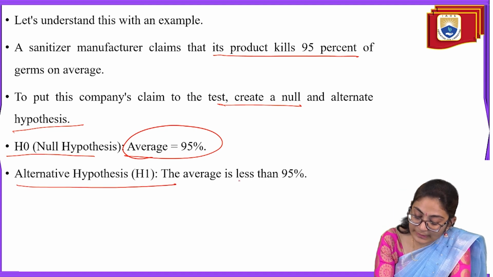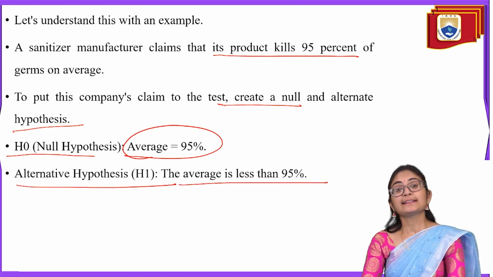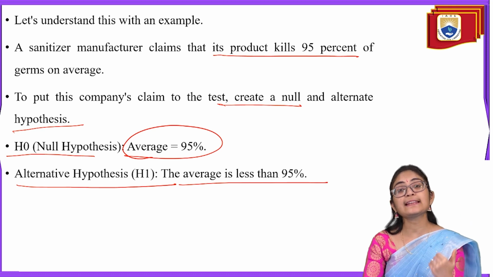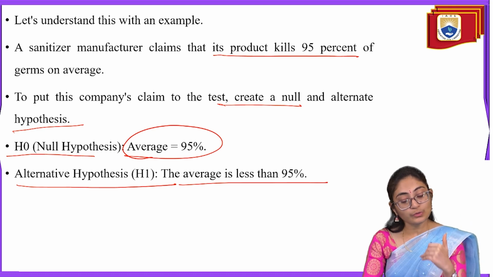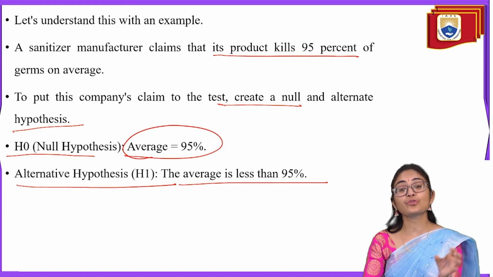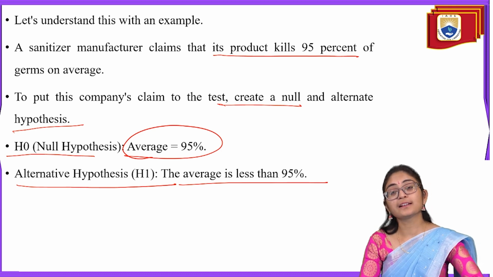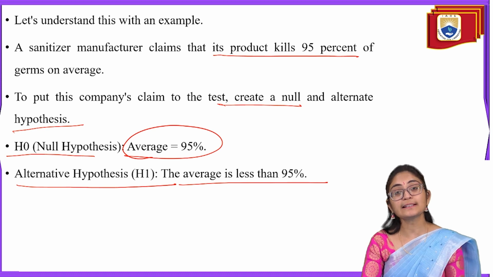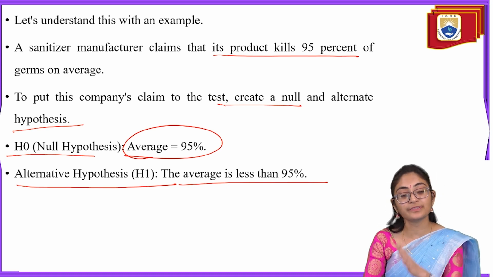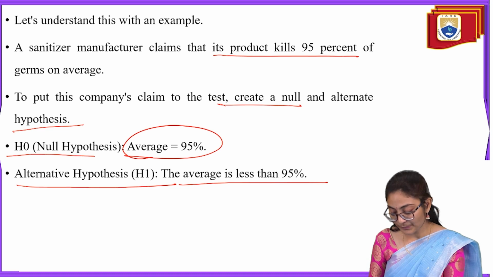And the alternate hypothesis shows the average is less than 95%. So the null hypothesis will not produce any different event, but the alternate hypothesis will produce a different event and change your result.